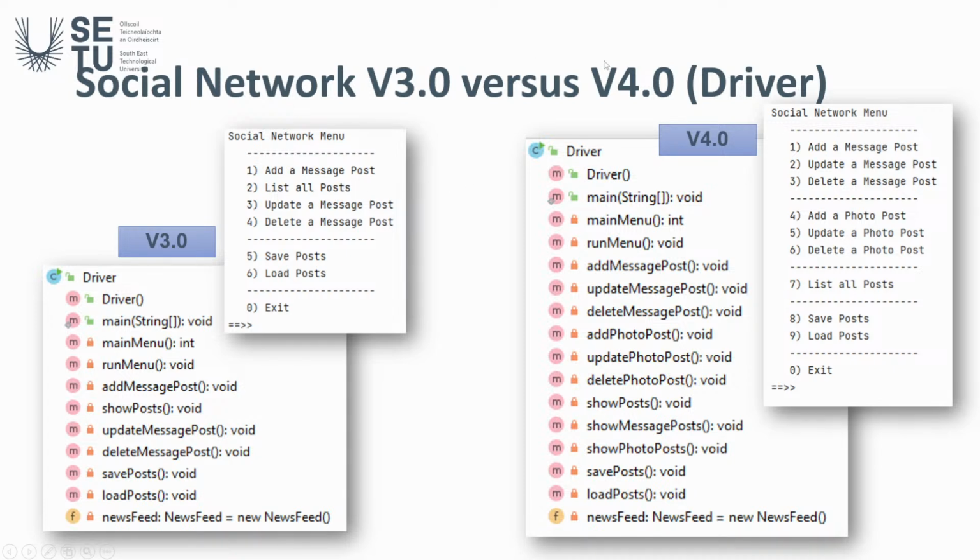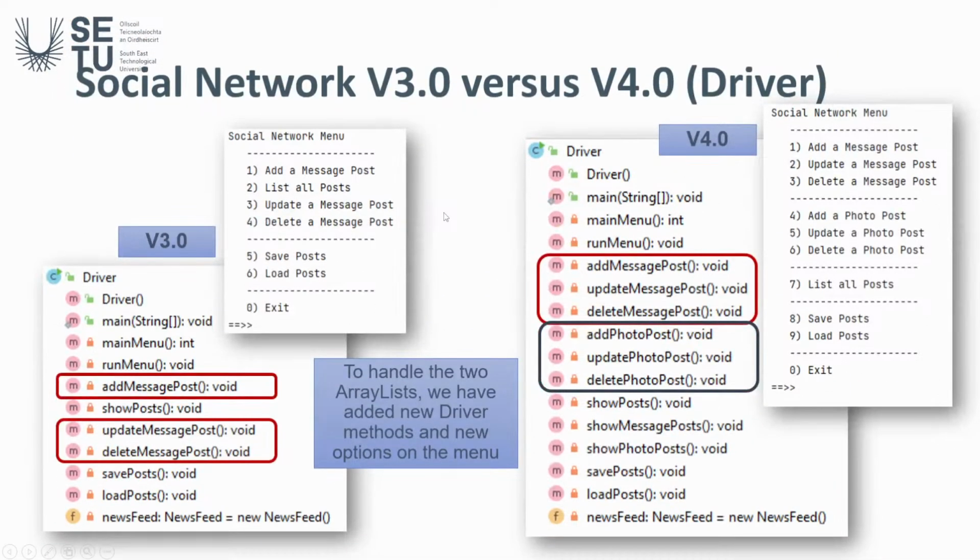So in version 3 versus version 4 of our driver, no matter what's happening under the hood, to a certain degree what the user sees mightn't be much different from a menu point of view. Again, in version 3 we had 1 add message, but because we have a photo and a message, we now have 2: add photo and add message.